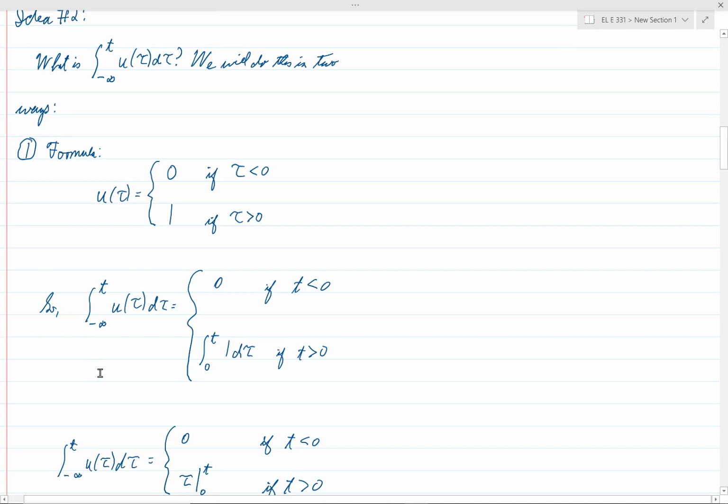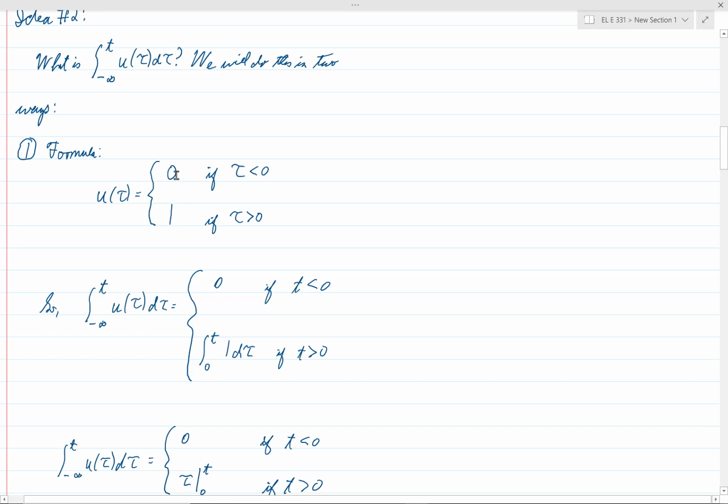So if we integrate the left-hand side from negative infinity to t, then we have to integrate the right-hand side from negative infinity to t. And of course, we have to integrate 0 over the region from negative infinity to 0, because that's what we have.